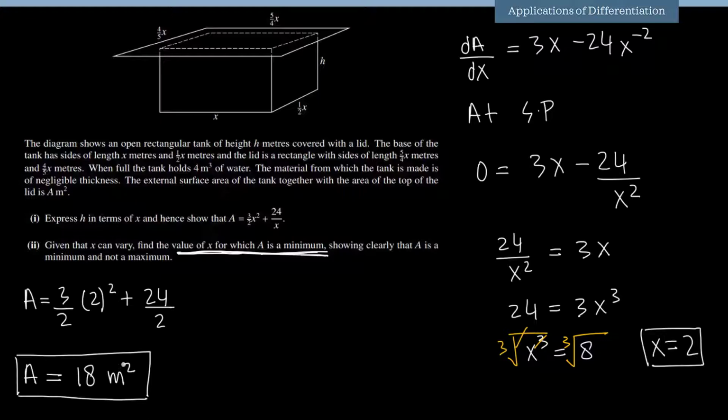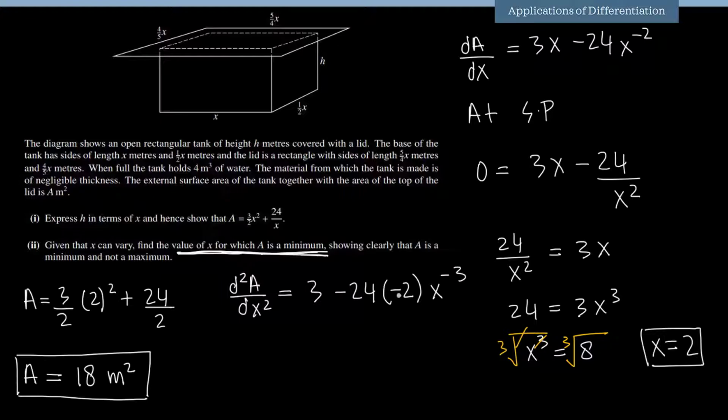Now to show whether this area is a maximum area or a minimum area, because the stationary point can either be a maximum stationary point or a minimum stationary point, I am going to find the double derivative, meaning I am going to differentiate this equation again. The double derivative d squared A upon dx squared is going to be equal to, the differentiation of 3x is going to be 3, and for the differentiation of minus 24x to the minus 2, it's going to be minus 24 times minus 2 x to the minus 2 minus 1, which is minus 3.